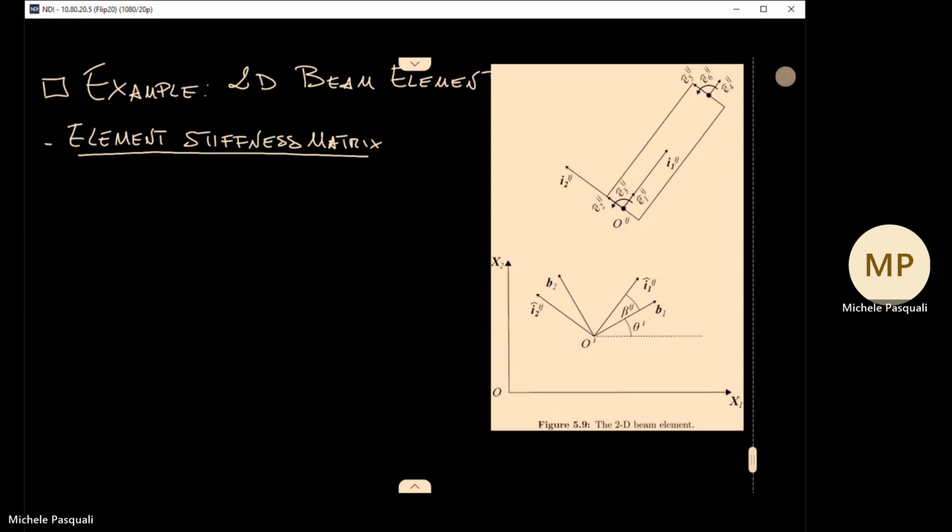And basically, what we do to calculate the stiffness is to resort to the definition of the potential energy, the elastic energy of the element Uij, which we define, as we have already done many times, as the integral over the length Lij of the element of what?